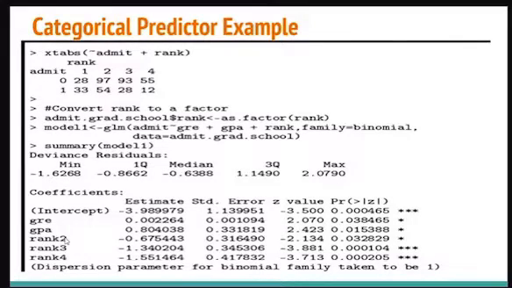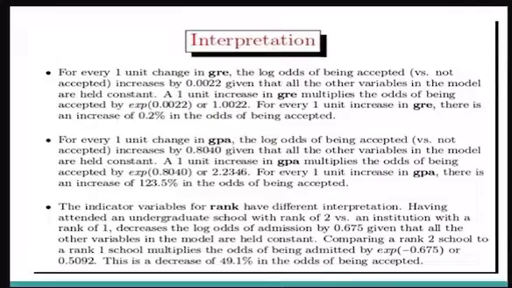If I want to do the one for rank 3, I will have to say relative to rank 1. If I want to do the one for rank 4, relative to rank 1. Whatever rank I'm going to interpret here is going to be relative to the rank that is not showing, the one that is nested in the intercept. So take a look at that here.